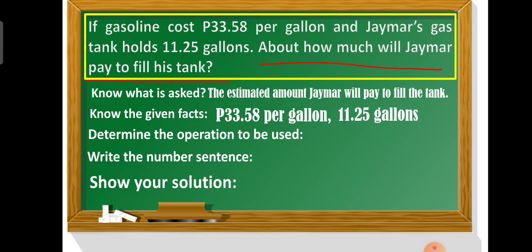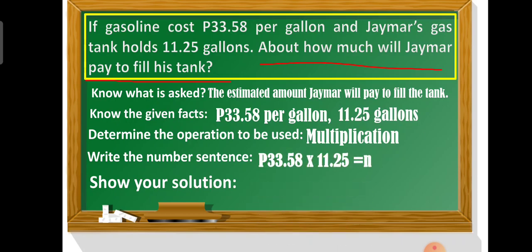Determine the operation to be used. So in this problem, we will use multiplication. Since we will use multiplication, we will just multiply these two numbers, 33 pesos and 58 cents times 11 and 25 hundredths.